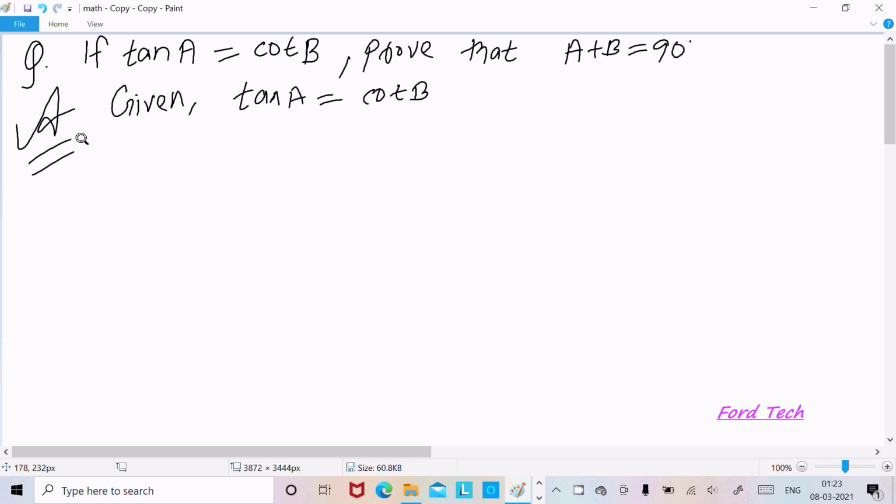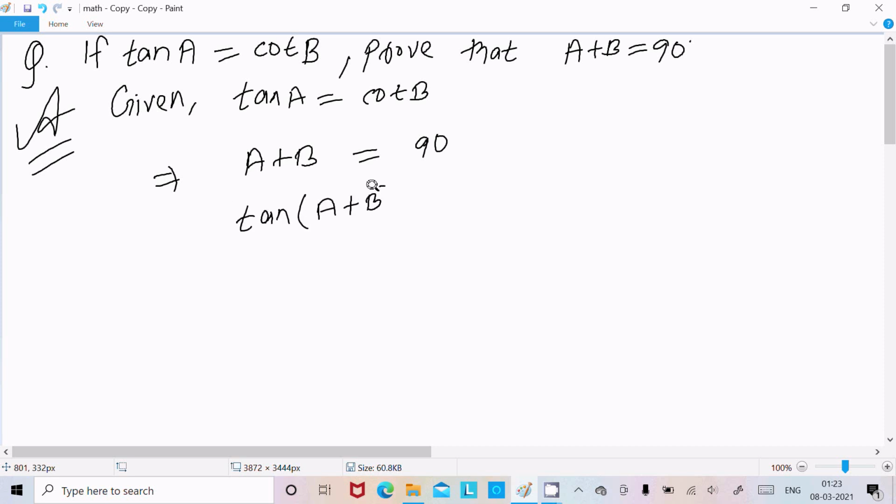Now here, assume A + B = 90. So now I'm going to include tan on both sides. So here, including tan(A + B) and tan 90.